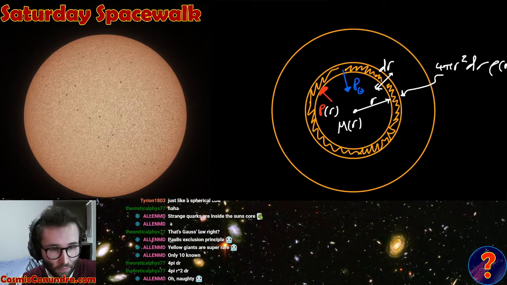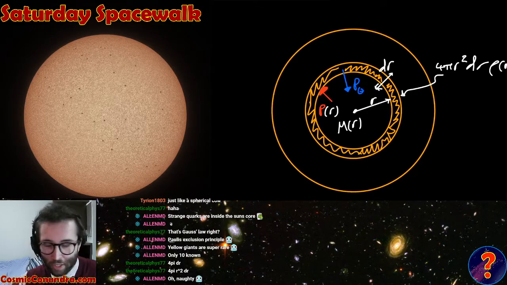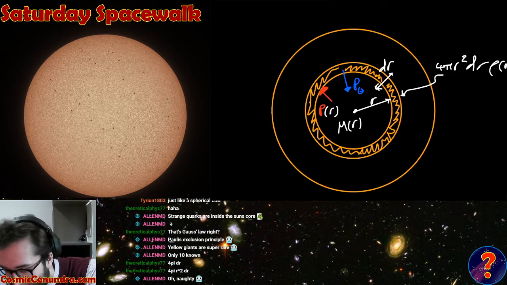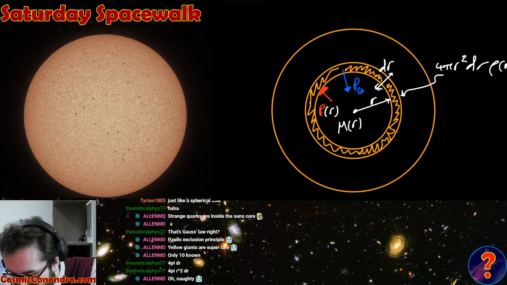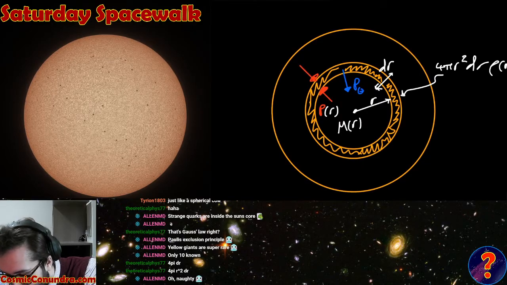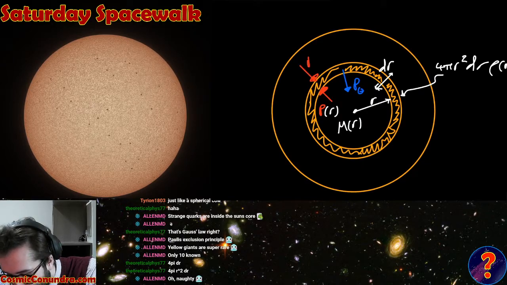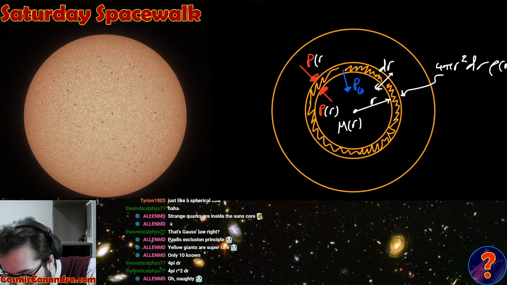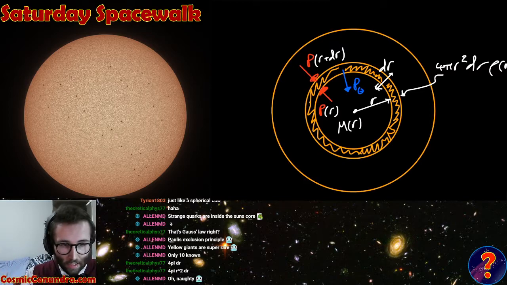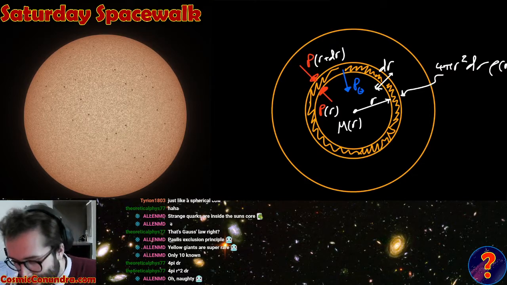The thing that causes a force is not pressure, it's a difference in pressure. So we have to think about the pressure that's on the other side of the shell. And this pressure will be different. Now we're no longer thinking about the pressure at the radius r, we're thinking about the pressure on the other side of the shell, which is r plus dr.